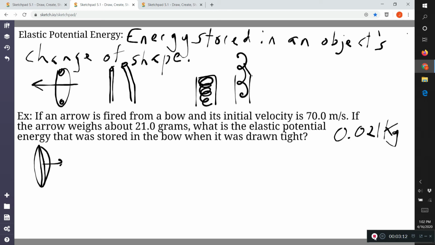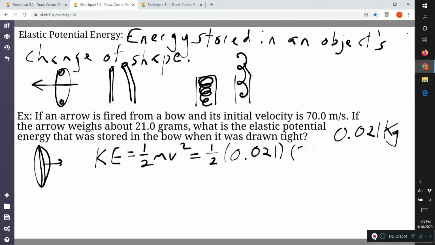So what we're doing here is we're actually working backwards. We're going to find its kinetic energy at the start and then say, well, all that kinetic energy came from the stored elastic potential and work back there. So we just do our 1/2 mv squared. In this case, that's going to be 1/2 times 0.021 times 70.0 squared.